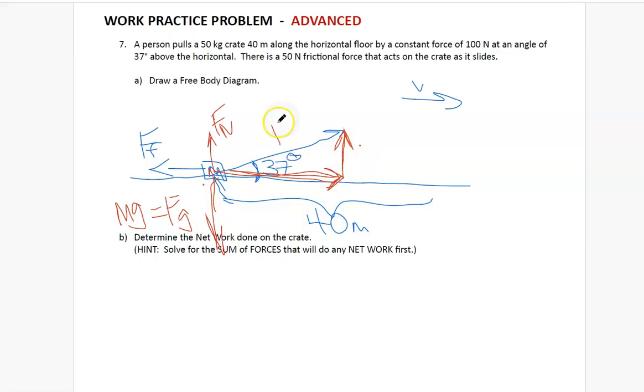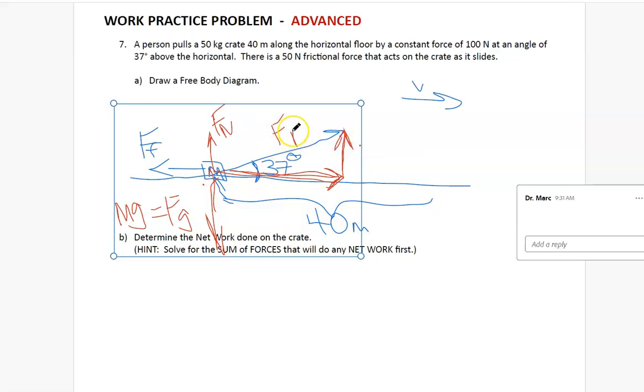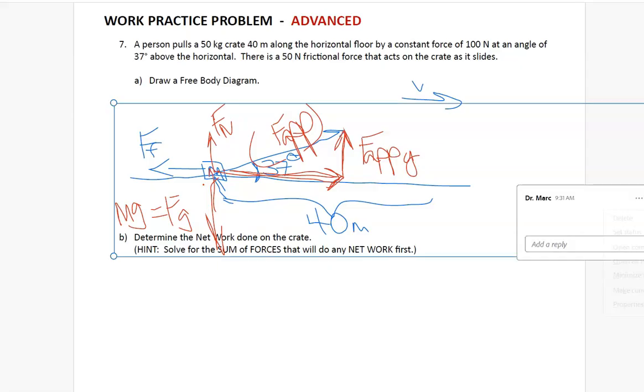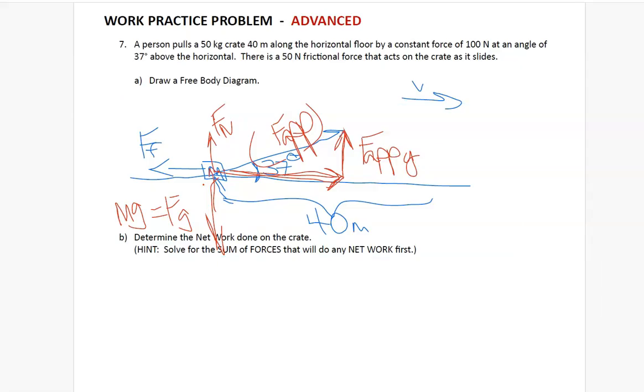So we have an applied force at an angle, but that applied force, we're not going to actually use that in the calculations. We're going to use the y component of that applied force when looking at vertical forces, and we're going to look at the horizontal component of the applied force when looking at the horizontal forces.